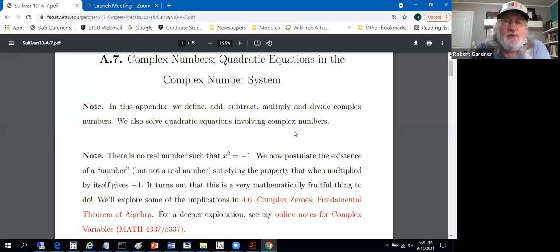In the past, we've used the quadratic formula to solve quadratic equations and simply had either one real solution, two real solutions, or no real solutions in the event that the discriminant was zero, positive, or negative, respectively. In this section, we'll further explore what happens when the discriminant is negative, and we'll actually end up in that case with two complex solutions.